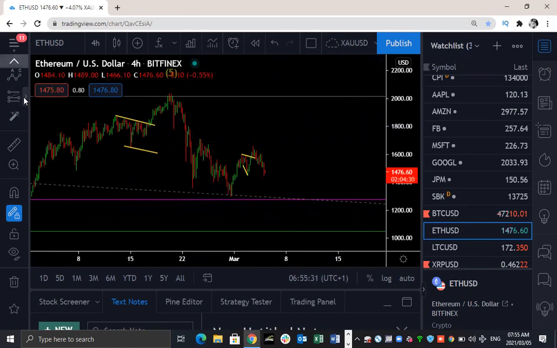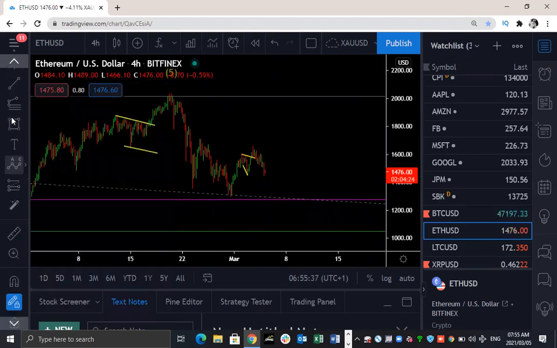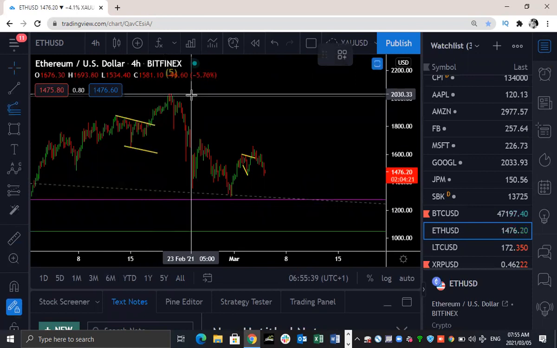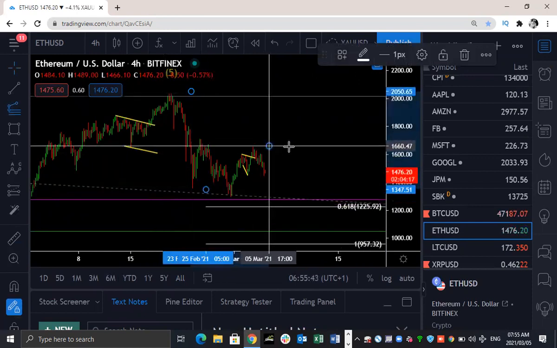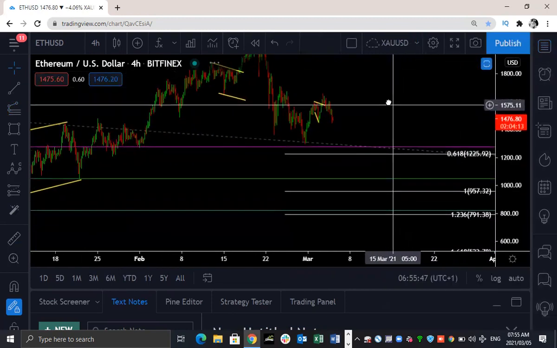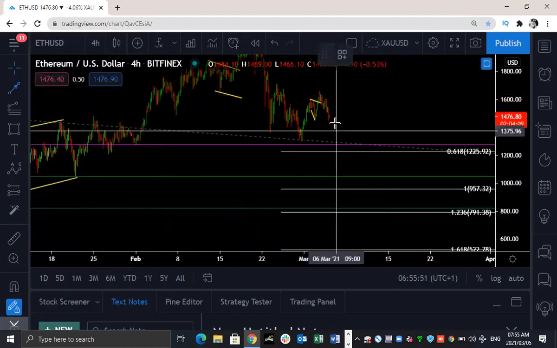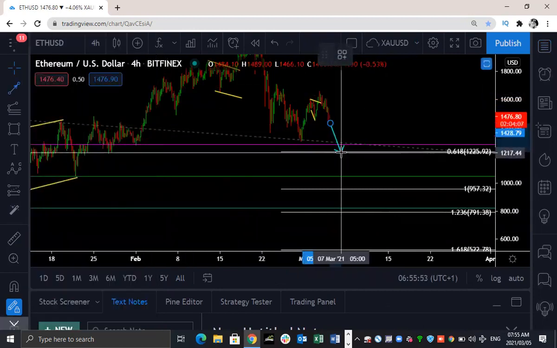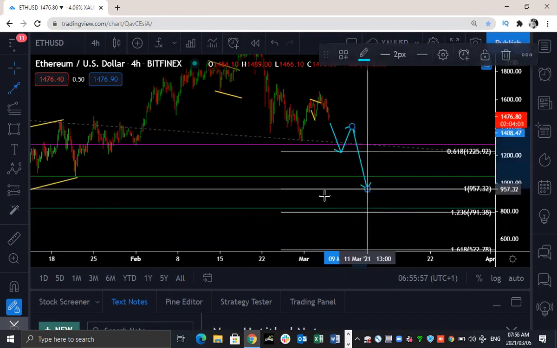Okay, let's just project only the blue box. So our blue box here will be here. We projected it. Let's take this off for now. So we'll also expect this bounce here and rally into the blue box.